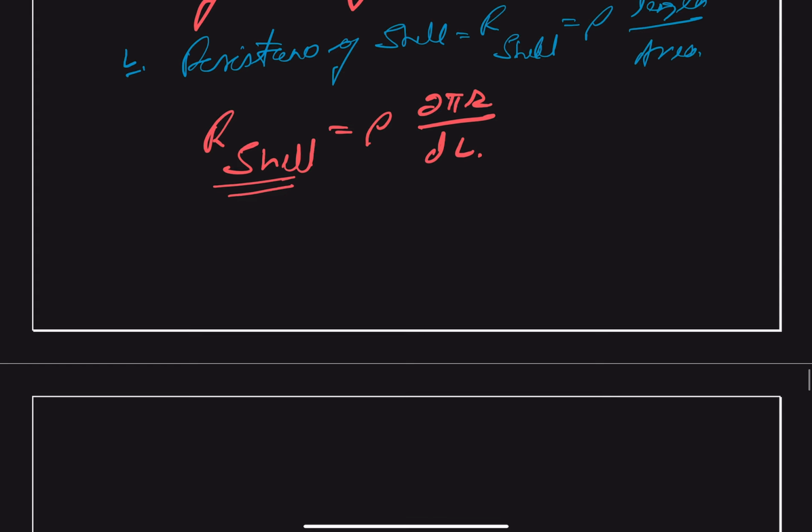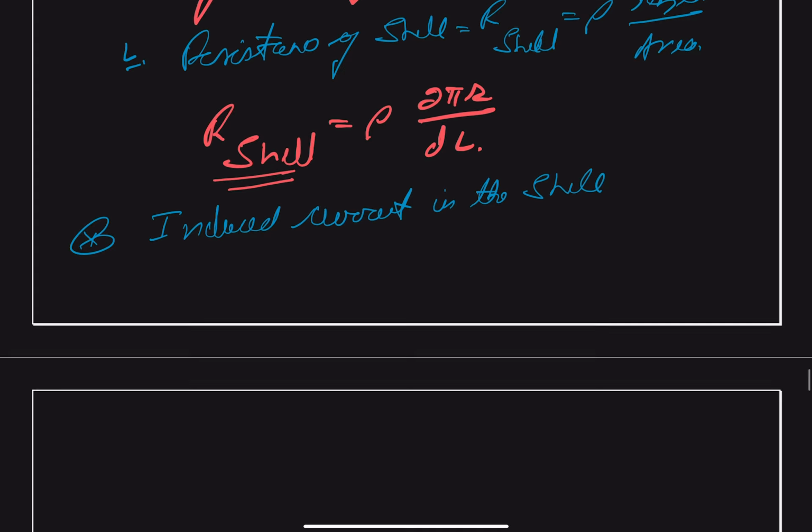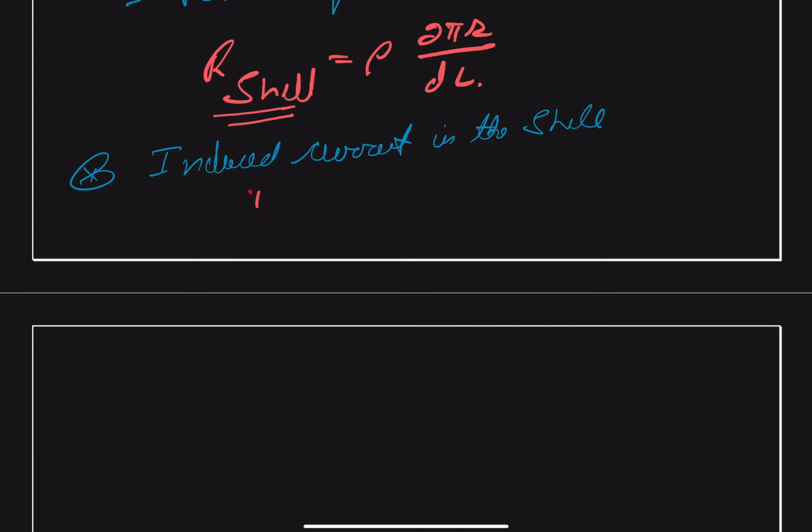So we can write the induced current in the shell, that is I induced, will be equal to EMF divided by resistance of the shell.